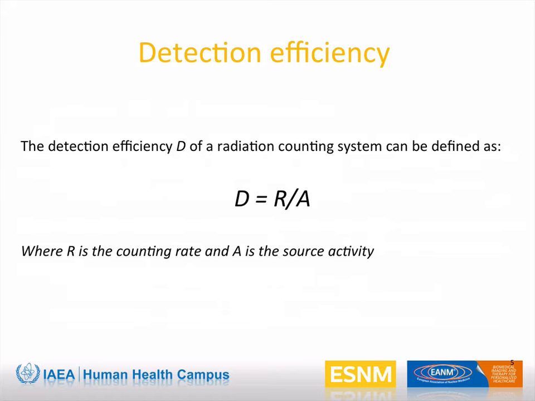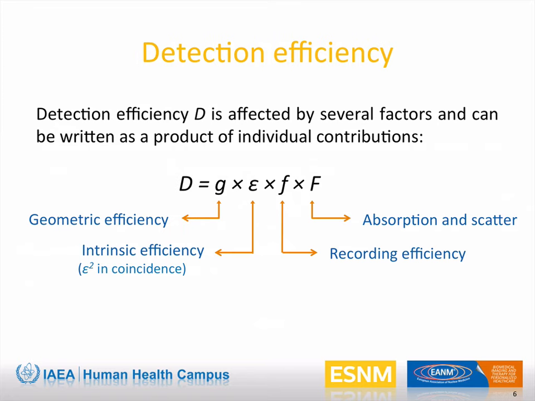The detection efficiency D of a radiation counting system can be defined as D equal to R over A, where R is the counting rate and A is the source activity. The detection efficiency D is affected by several factors that can be written as a product of individual contributions.